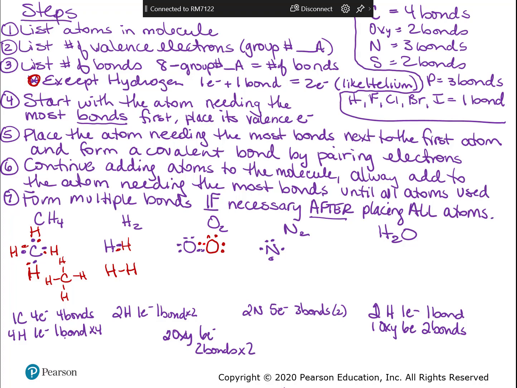So notice that, and it doesn't matter, see how it looks like 2 red dots are above and 2 purple dots are below? I don't care. You could put your 2 red dots this way, your 2 purple dots that way. Just make sure that there's 2 purple dots and 2 red dots somewhere between the 2 oxygens. As long as you have 4 dots, they could be this way or they could be this way.